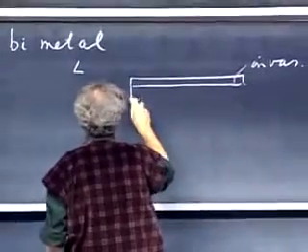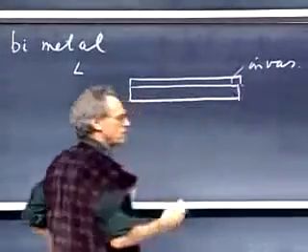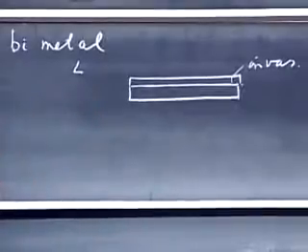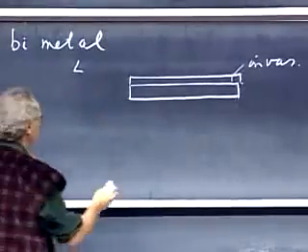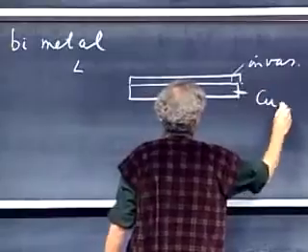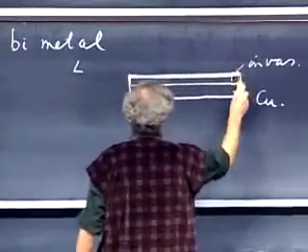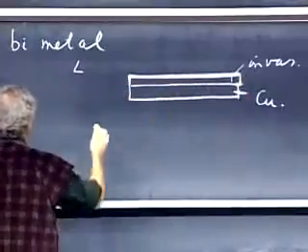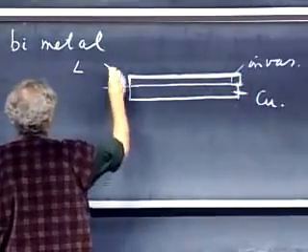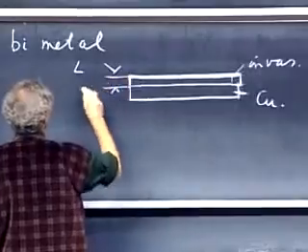And I have another strip here, which is attached to it, so that they cannot slip relative to each other, and let this be copper. And suppose I make, just as a working example, the thickness of each one of them 2 millimeters.